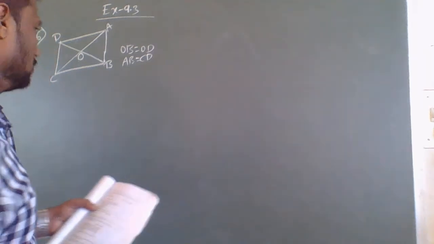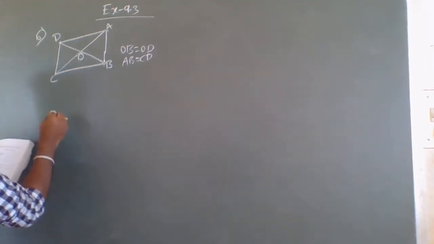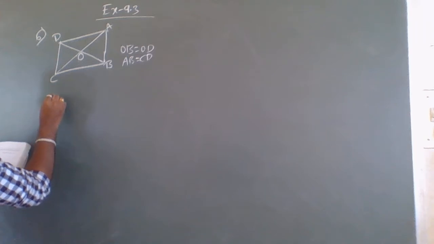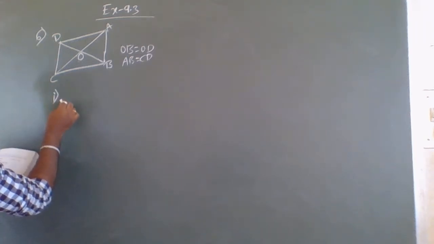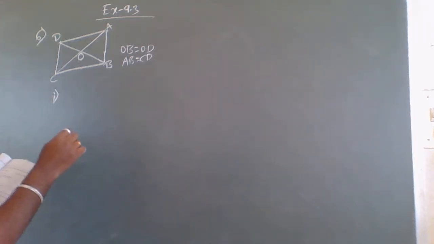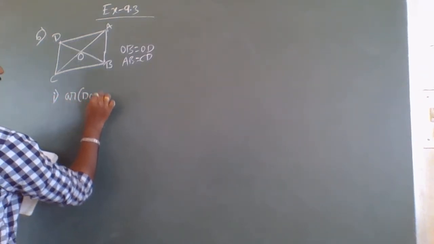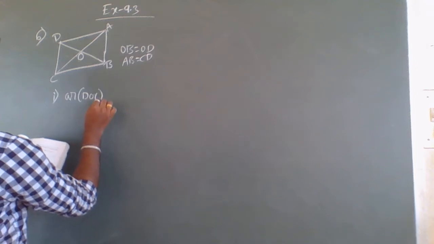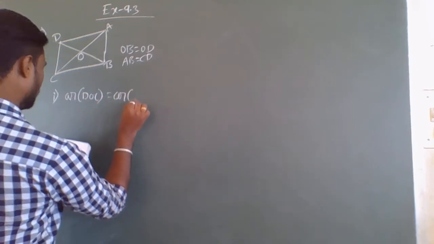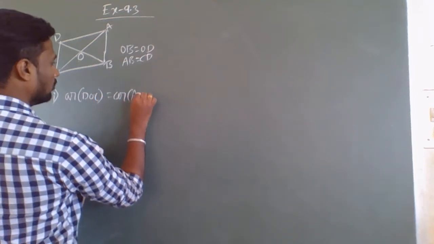We have to prove three things. First, area of DOC equals area of AOB.